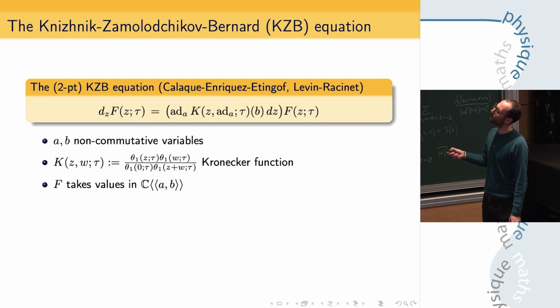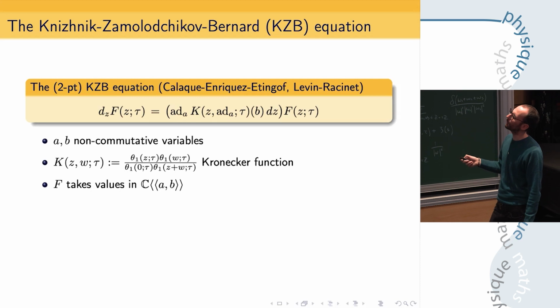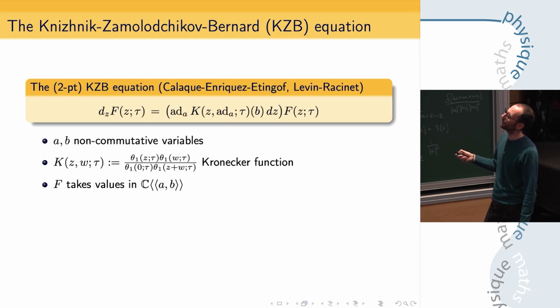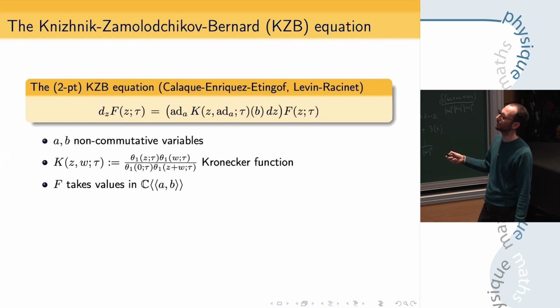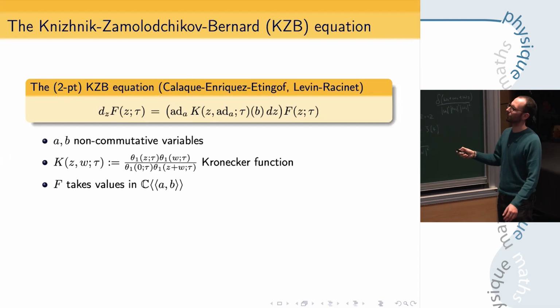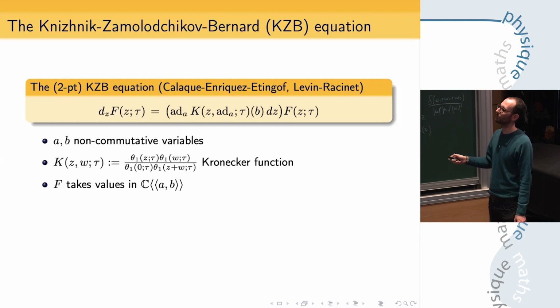And then you consider A, B non-commutative variables. You consider the free Lie algebra, you complete it, and then you consider the adjoint action on it. So ad A, B is the bracket of A and B. This is a formal operation if you expand this Kronecker function in powers of w.